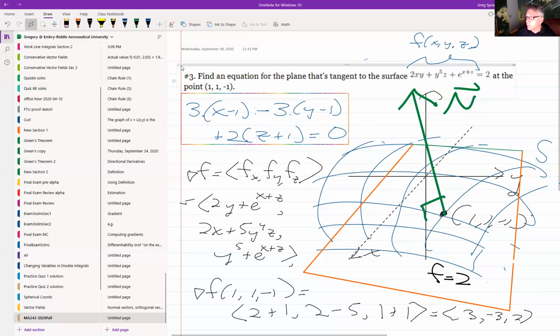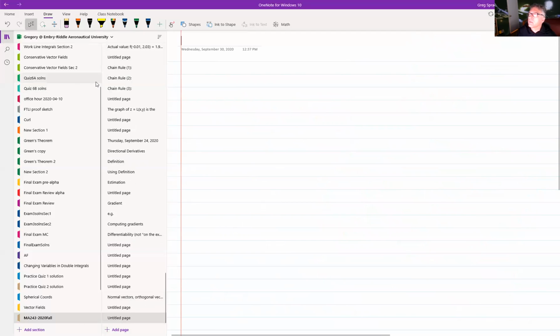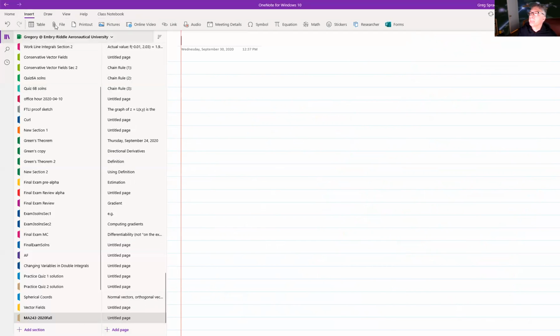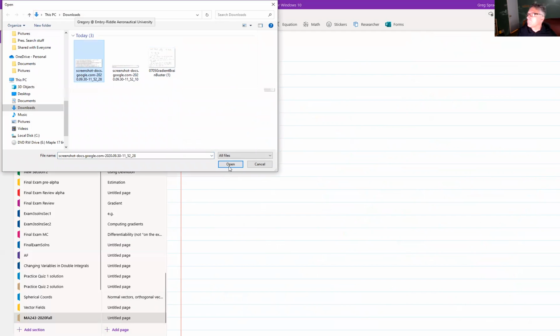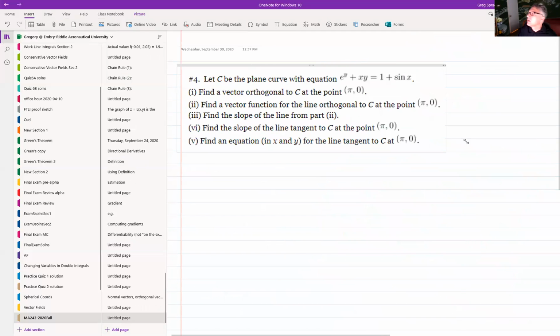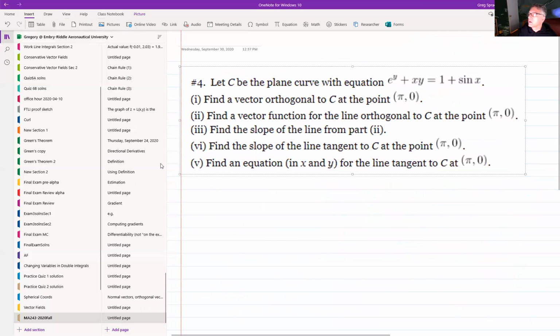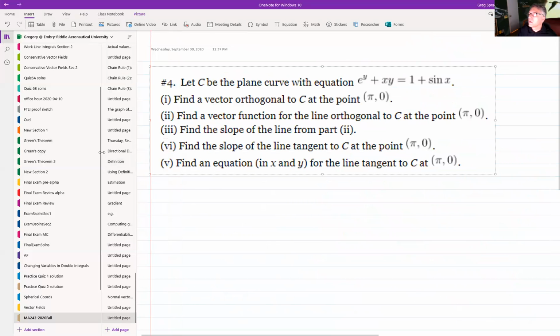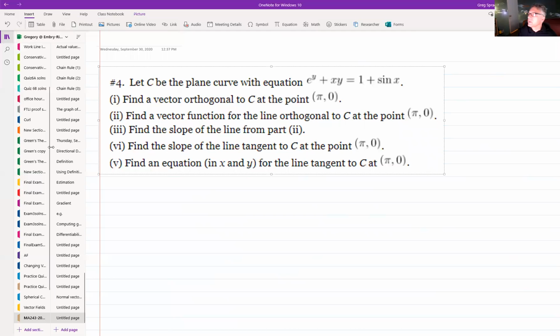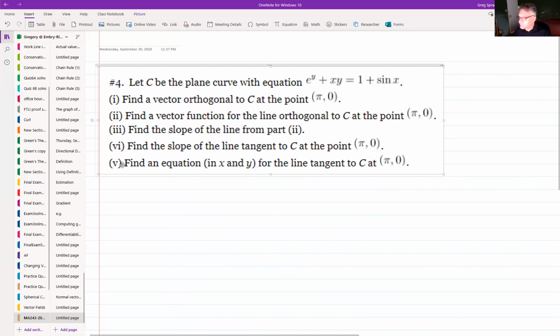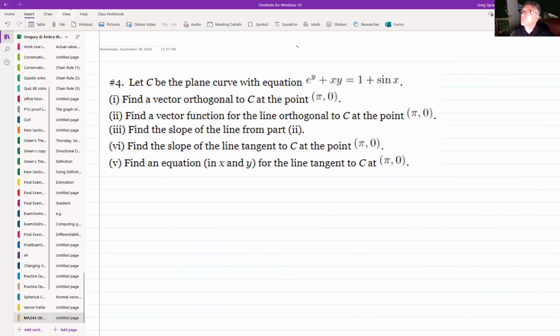Next, I'll do a similar problem in 2 dimensions involving a normal line. And we can also find a tangent line. Let's give us some more real estate here to write on. I'm going to make a rough sketch.